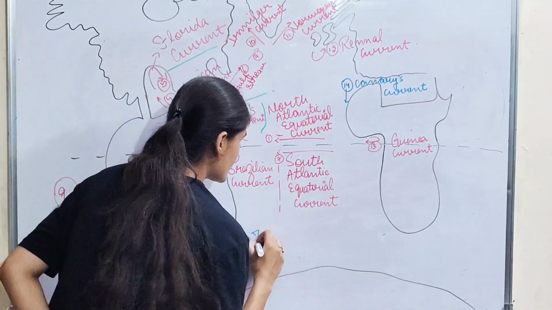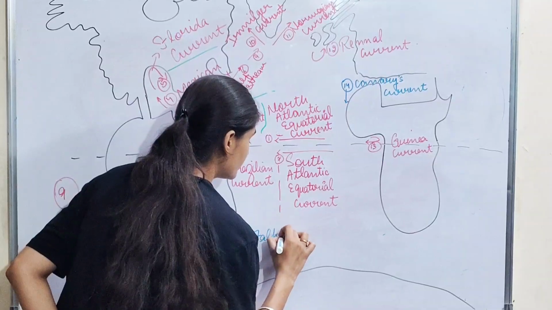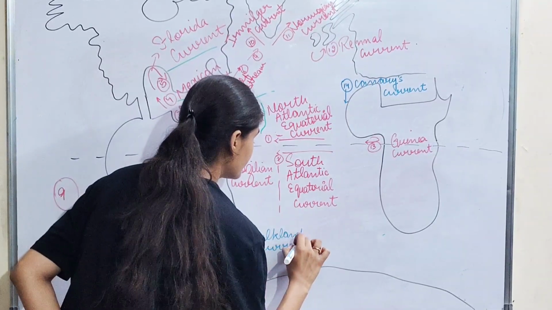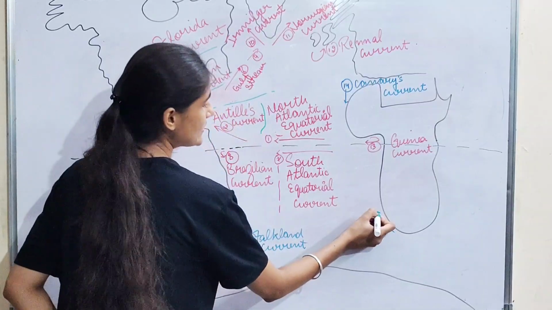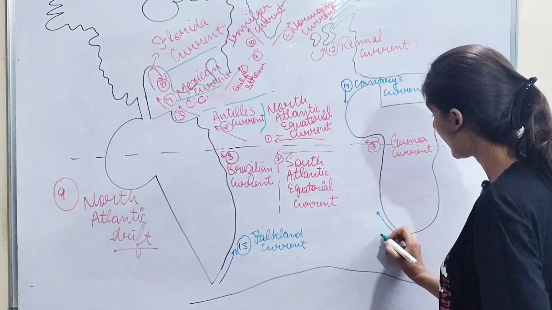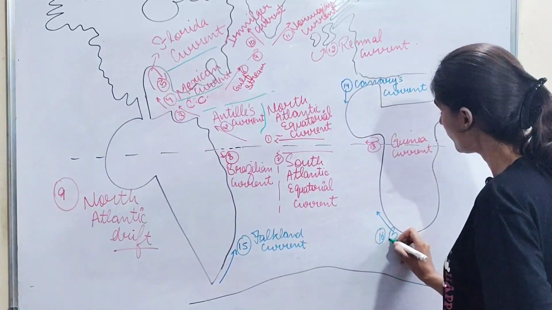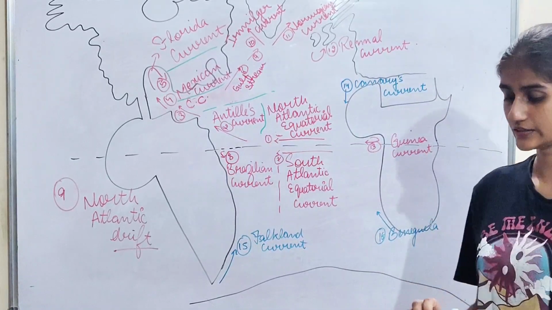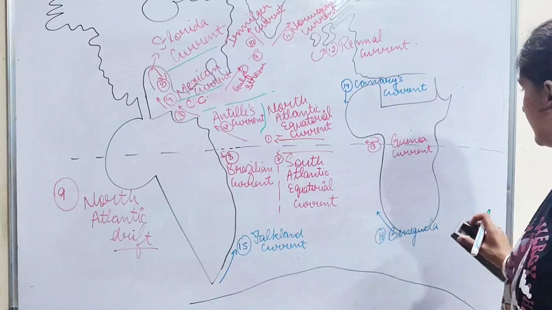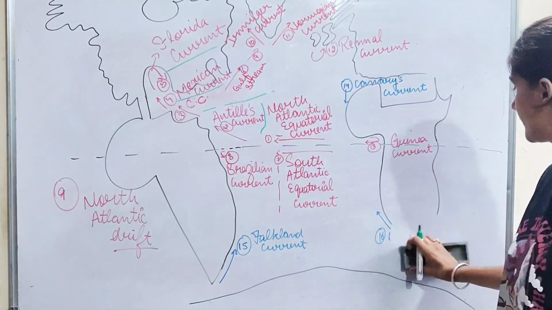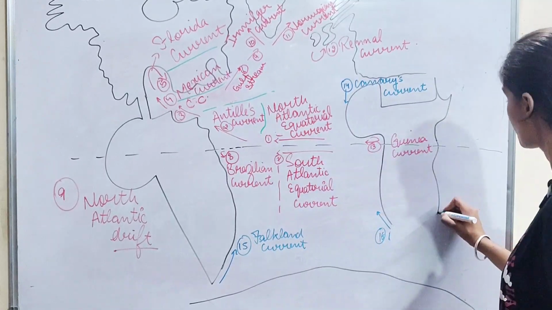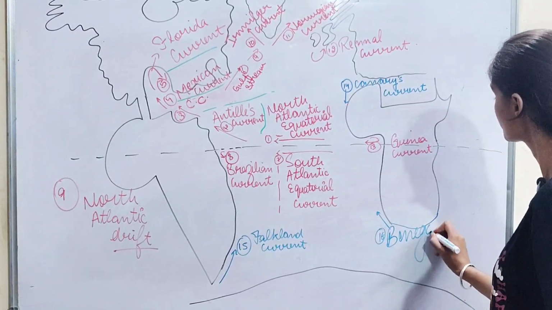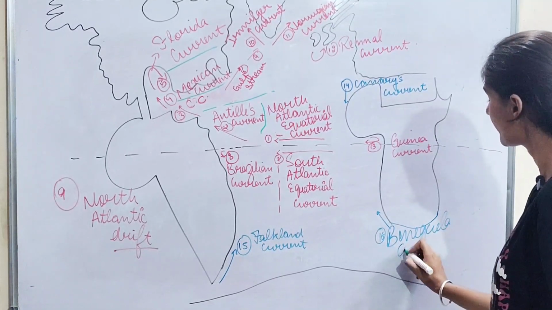This is named the Falkland Current. The 16th we have is the Venezuela Current. I think this is not visible. Let me write a little bigger. Venezuela Current.